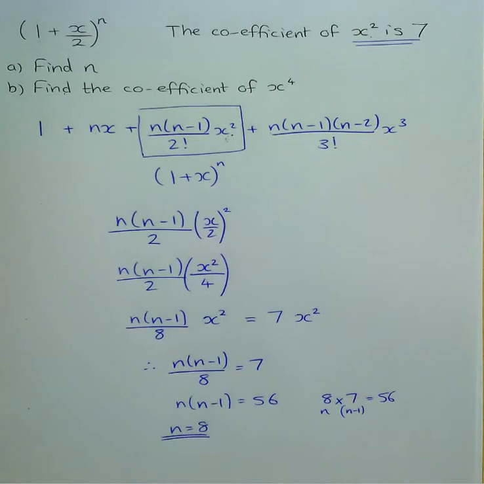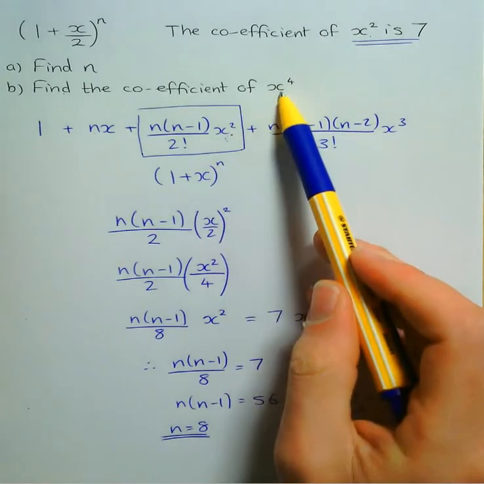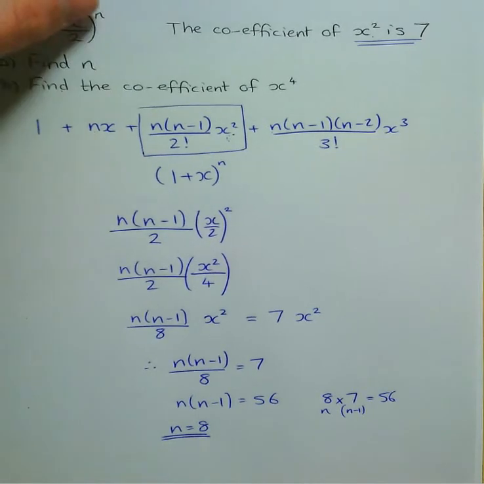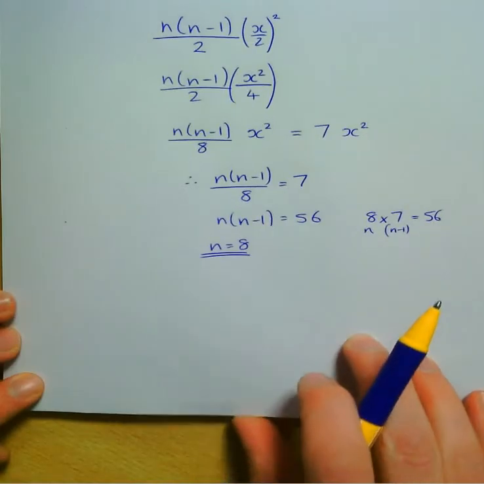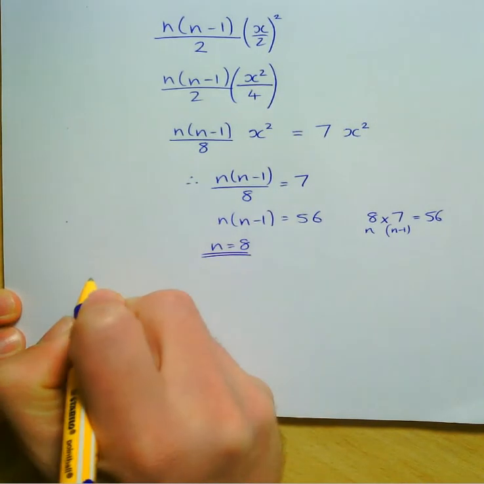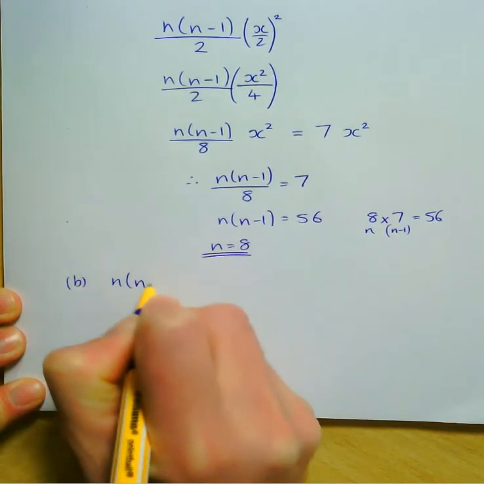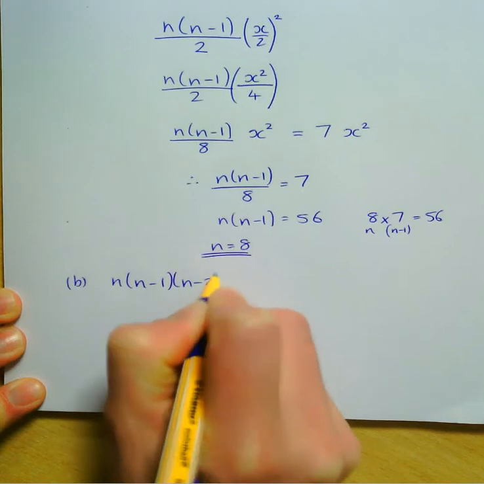Now, part B asks us to find the coefficient of x to the 4. What we're going to do is we're going to use this formula. So I was just thinking about if I've got enough space on this piece of paper. So part B. So what we would have is this.